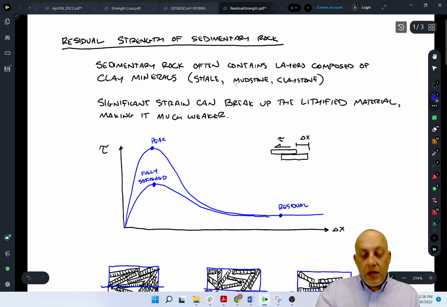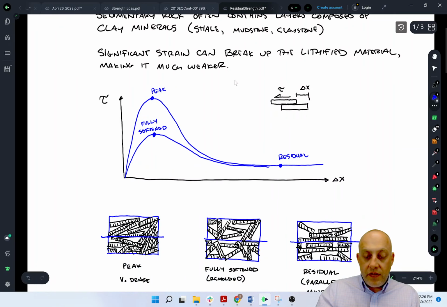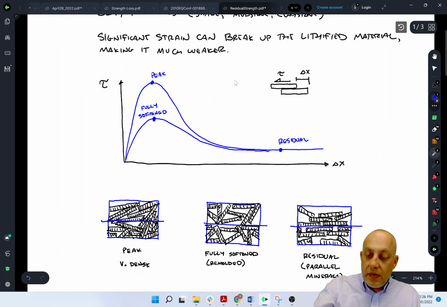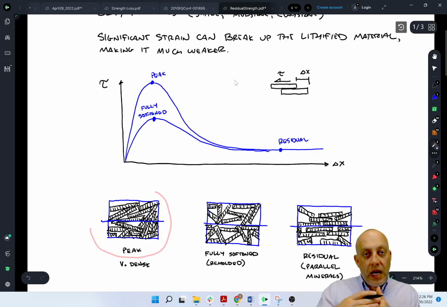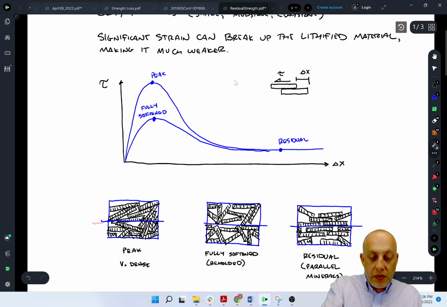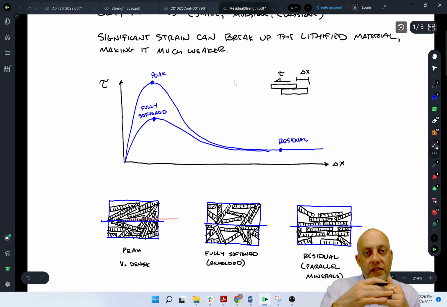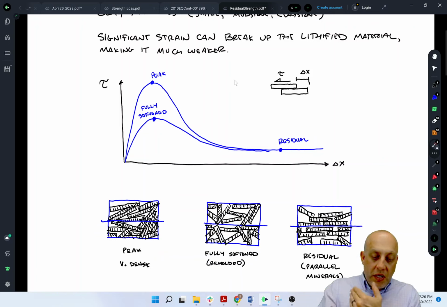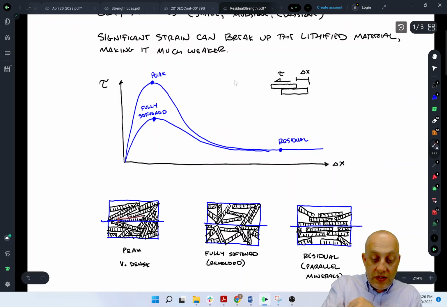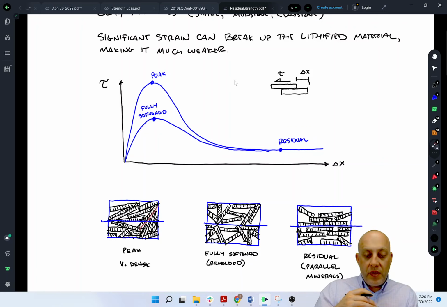But it will go eventually to the same residual strength. And so if we look at what's happening inside of the soil, or inside of the rock, right, the earth material, initially the particles are very densely packed. And if this blue line is our sliding plane, that blue line is going to cut through minerals that might be fairly parallel to the sliding surface, but also minerals might be pretty, you know, crossing over that sliding surface.